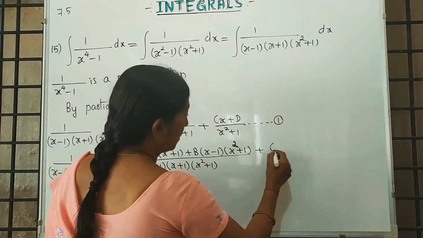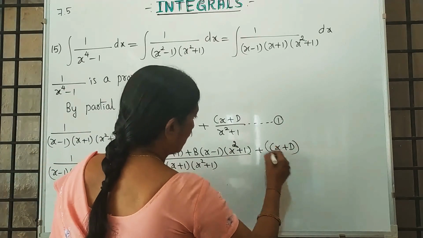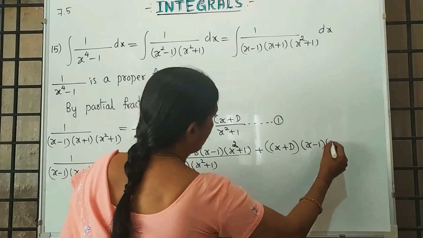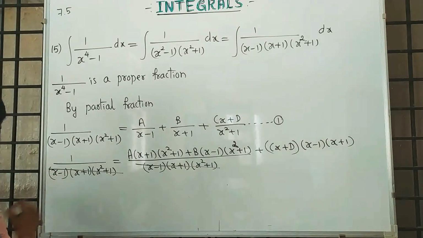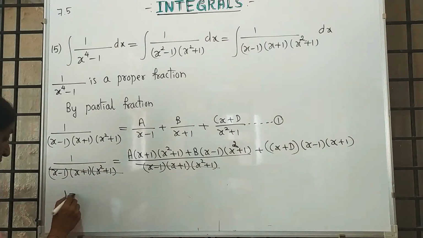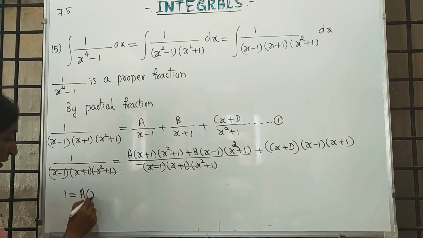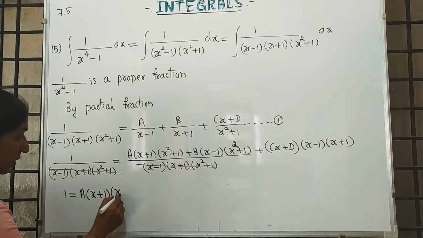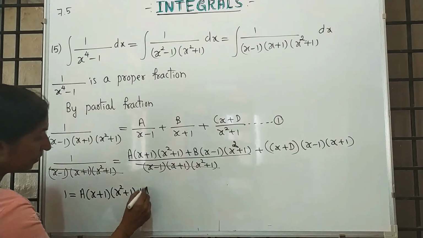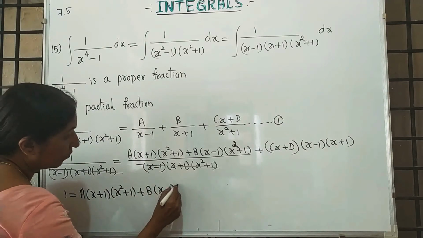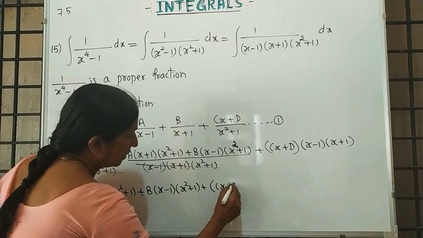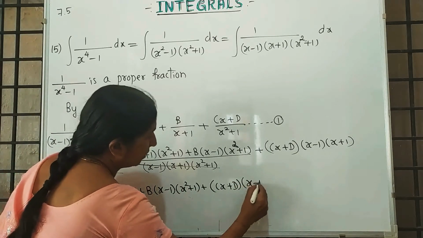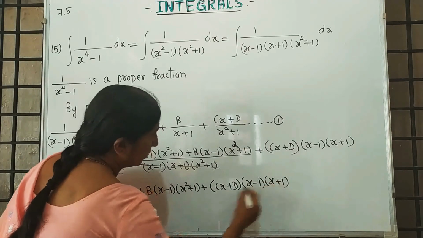Cx plus d is multiplied with x minus 1 into x plus 1. The denominators get cancelled. Write down the remaining terms. 1 is equal to a into x plus 1 into x square plus 1, plus b into x minus 1 into x square plus 1, plus cx plus d into x minus 1 into x plus 1.